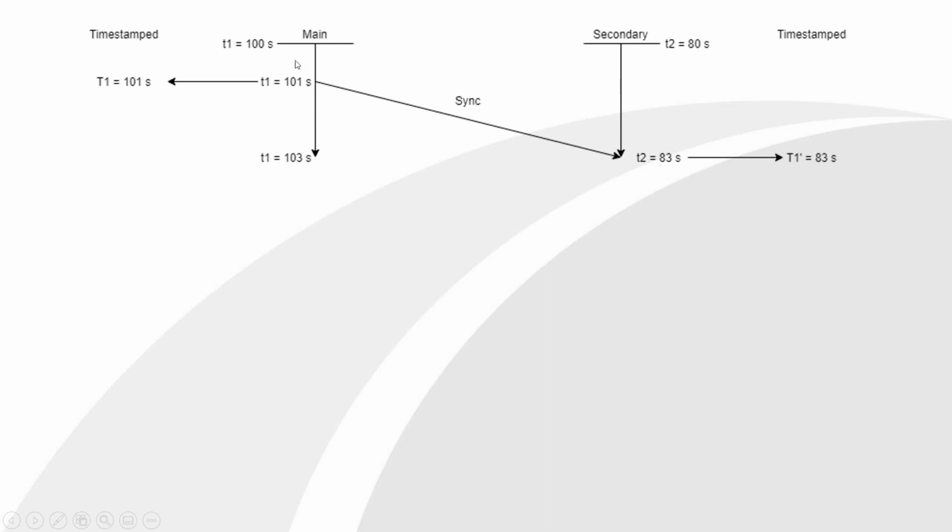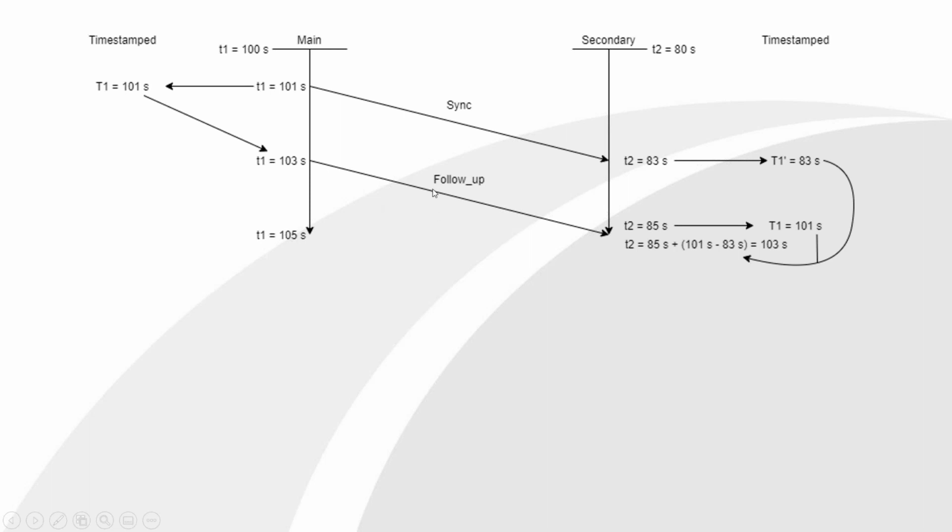There's a 1 second delay before the message is sent, so it would actually be sent at 81 seconds. Then it takes 2 seconds for the sync message to arrive at the secondary, which is why the time on the secondary when the sync packet arrives is 83 seconds. The device saves this timestamp for the future as well.